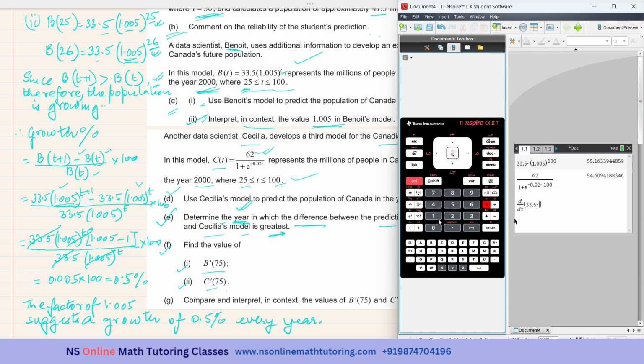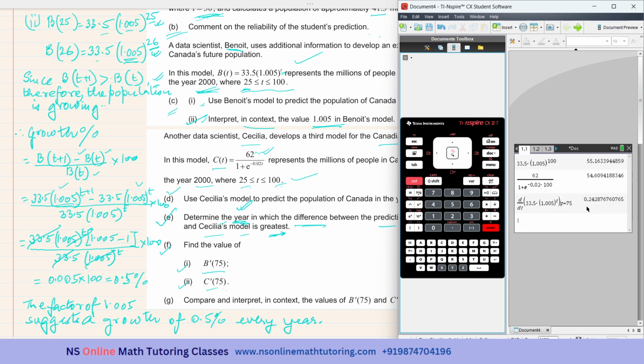times 1.005 raised to the power of t, rather. I cannot write 75 over here because then it will be a constant. Okay. And then I have to use this pipe symbol, the vertical line. And now I have to give the t value. So, t is equal to 75.